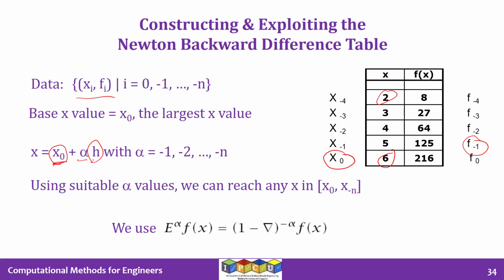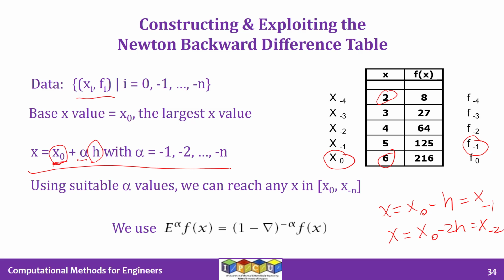And when you have alpha equal to 0, we will be at x naught, the base point. If alpha is minus 1, we would be at x equal to x naught minus h. So that is x minus 1. And if you jump 2 steps, so if you look at x equal to x naught minus 2h, we would be at x minus 2 and so on. So I hope this is also clear to us.